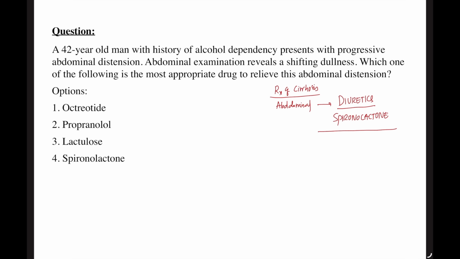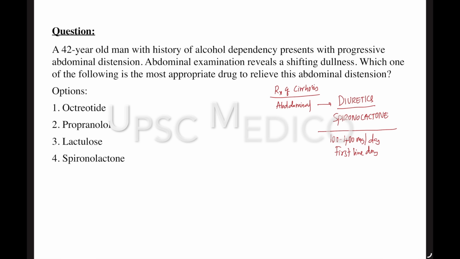So ascites, the treatment is diuretics, and spironolactone, which is given 100 to 400 mg per day, is the first line drug, because these aldosterone antagonists are powerful, but the side effect is painful gynecomastia.